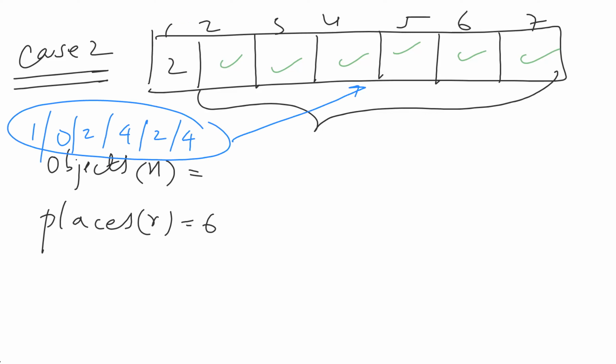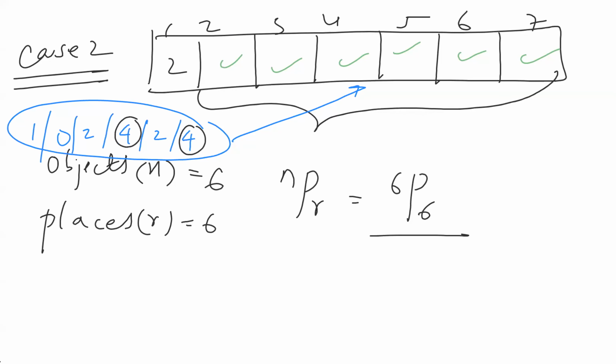So the total number of objects are 6. nPr, 6P6 upon, 4 is getting repeated twice and 2 is getting repeated twice. These are the remaining objects.